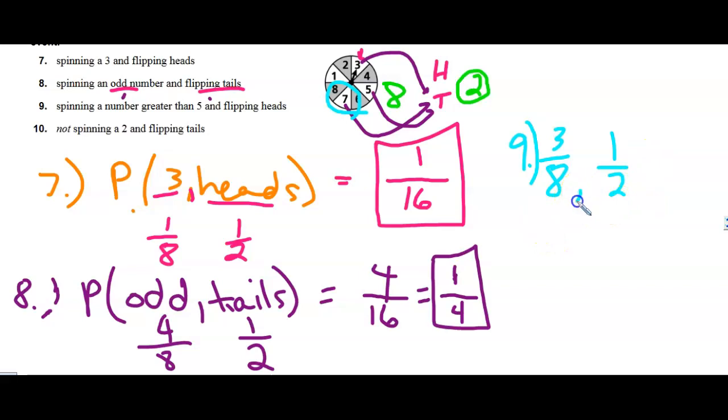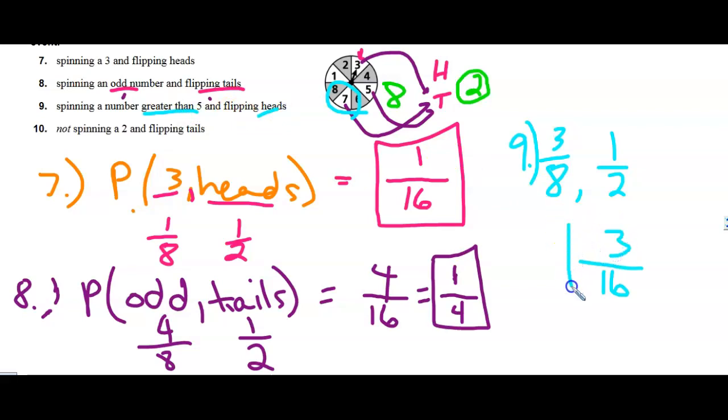But what about the compound probability between these two? Our total possible outcomes is 16 using the fundamental counting principle: 8 times 2, 16 different combinations. How many of those combinations satisfy spinning greater than 5 and flipping a heads? The answer is 3.